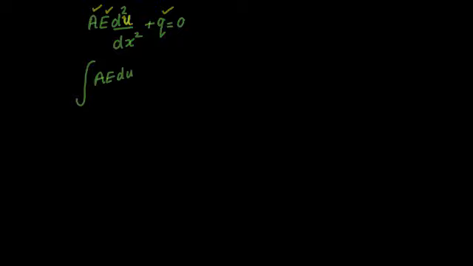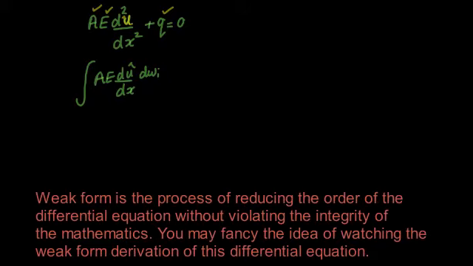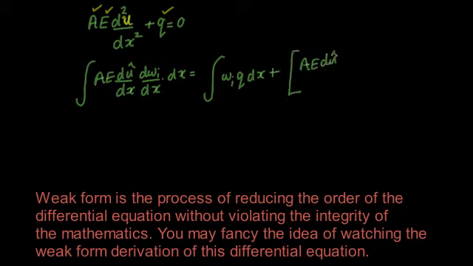Okay, now the weak form equation of this particular governing differential equation is integral of AE into du cap over dx into dwi over dx into dx is equal to integral of wi into q into dx plus, open the bracket, AE into du cap over dx, over the limit 0 to L. Now, what are the terms?